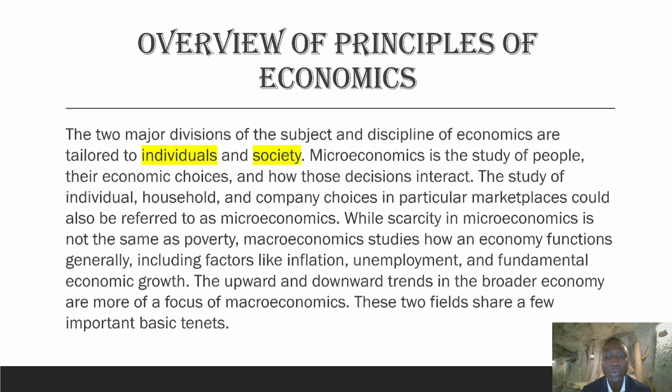Now, microeconomics is the study of people, their economic choices, and how those decisions interact. Having people commune, communicate, interact in a society, how they communicate, how they interact, their mode of decision making is called microeconomics.